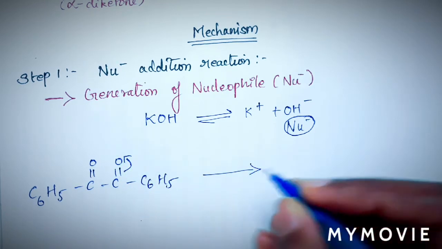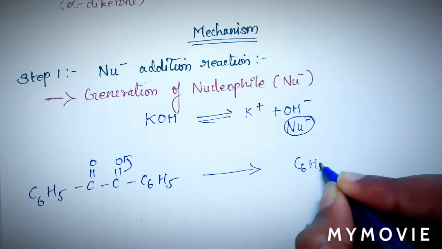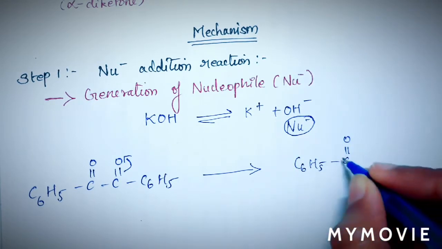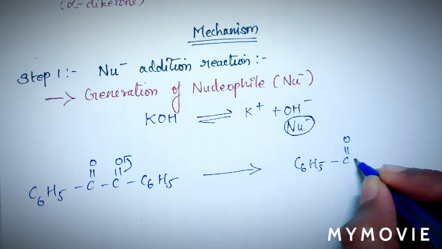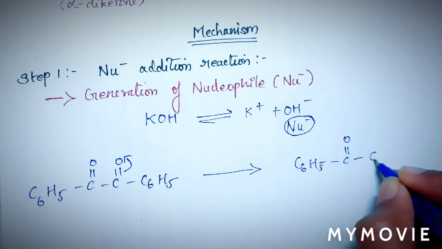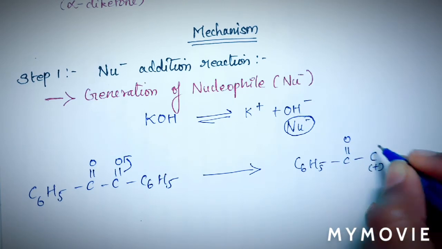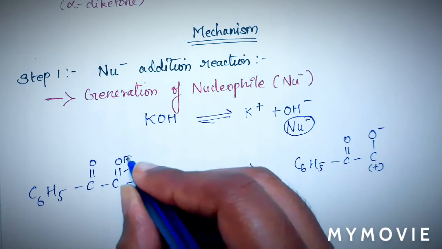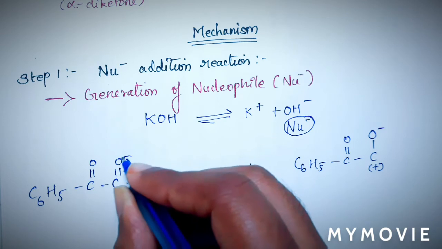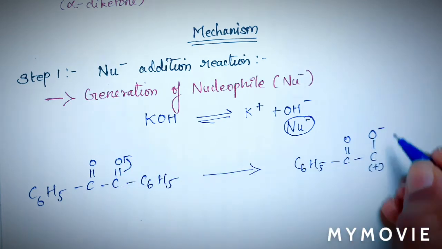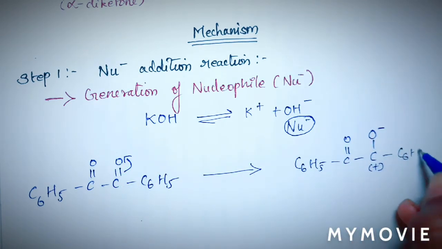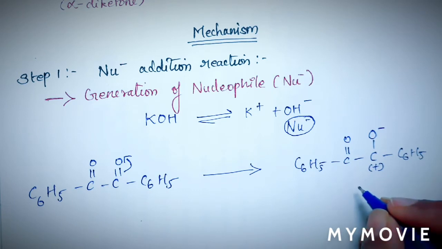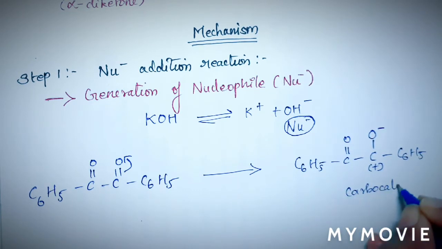I'm going to write it as C6H5, C double bond O. There's no change in this part of the molecule. But here, when you write carbon, you will write C plus and O minus, because oxygen is taking the electrons back, so it will get a negative charge, O minus and C6H5. Now we have the desired carbocation. This is the first product.